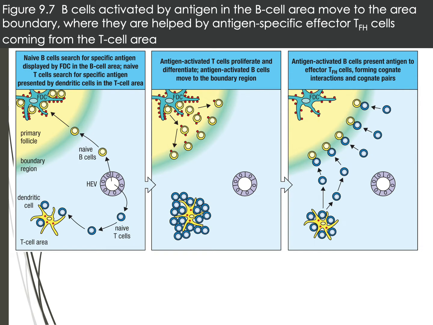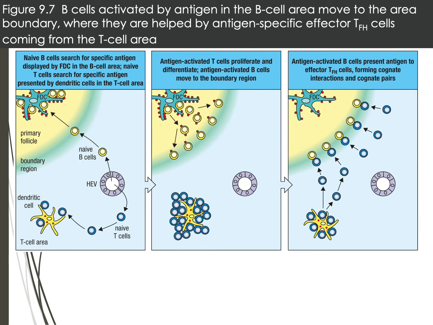You can see that on the right hand of this figure, where the B cells have moved to the boundary region and the T cells also move. They both have seen their antigen, and so they can try to form what's called cognate interactions, cognate pairs. Cognate being that they see the same antigen.